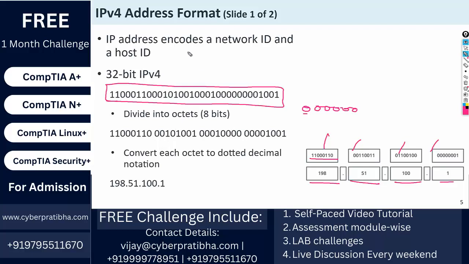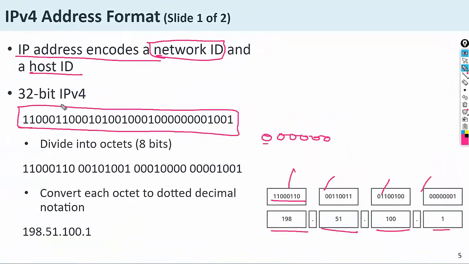Also this IP address has the network ID and the host ID. We will discuss network ID and host ID later, but network ID means identification of the network, and this is the identification of the host.